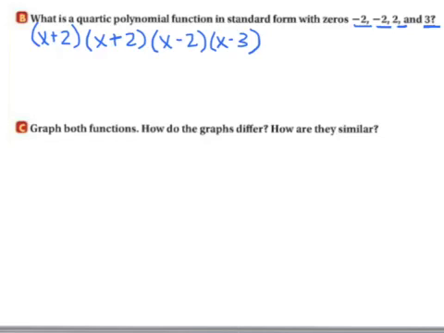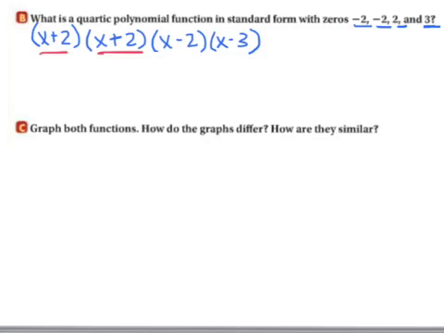Now remember, multiplication is commutative, so you can reorder these sets of parentheses and multiply them in whatever way you want to. If you wanted to multiply these two together first, you can. If you want to multiply these two together first, you can. You can multiply whatever quantities you want as long as at some point they're all getting multiplied together.